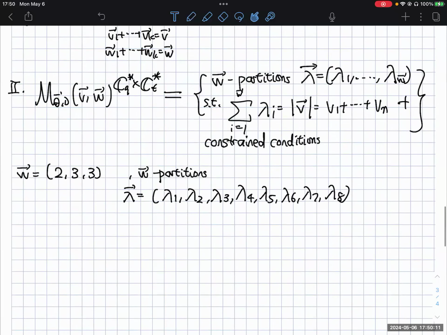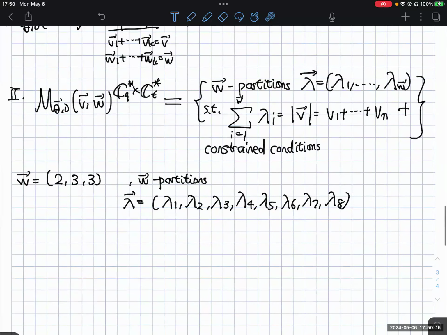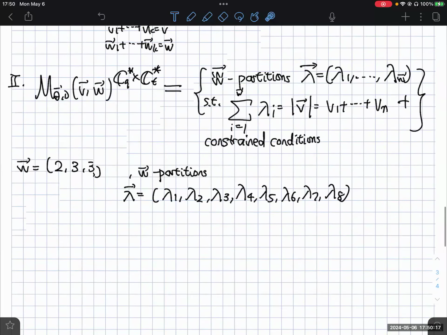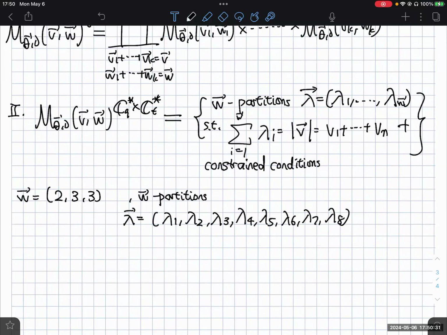The notation here for W just means the sum of each component of this vector, so the sum is 8. So there are actually 8 partitions over here. And this is really good because in this case we can have isolated fixed points.